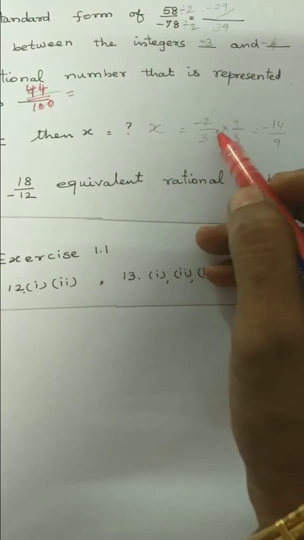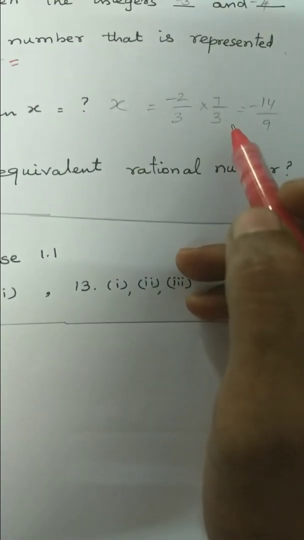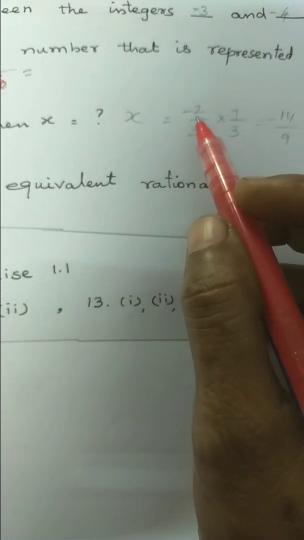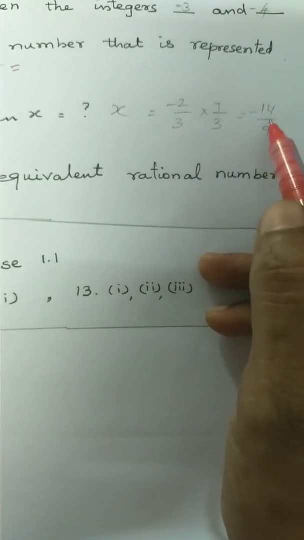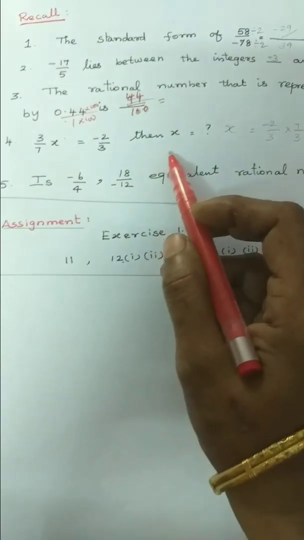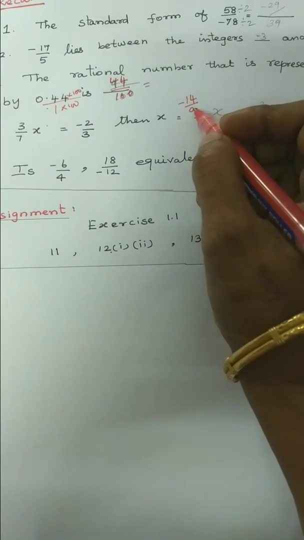So minus 2 by 3, you bring this to this side, with the multiplicative inverse 7 by 3. So you multiply 7 and minus 2: minus 14 divided by 9. So the x value is minus 14 divided by 9.